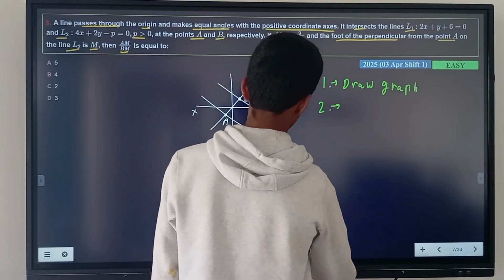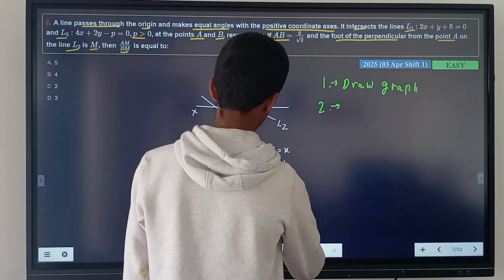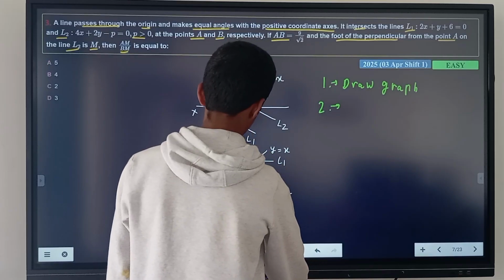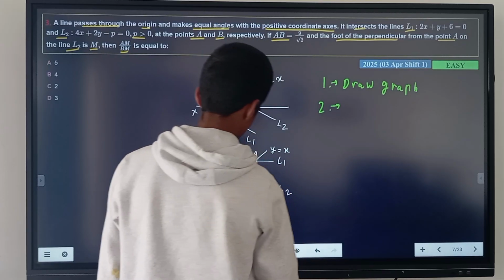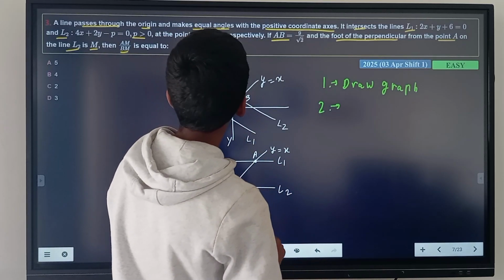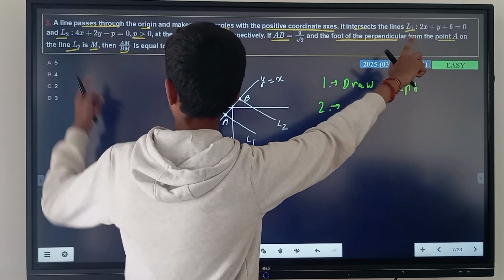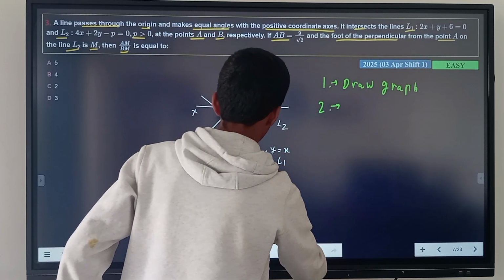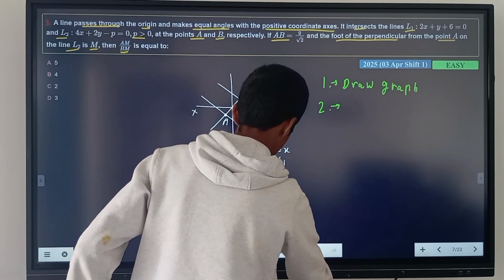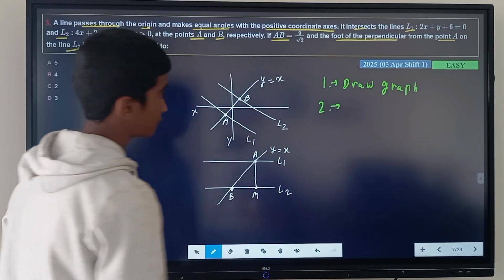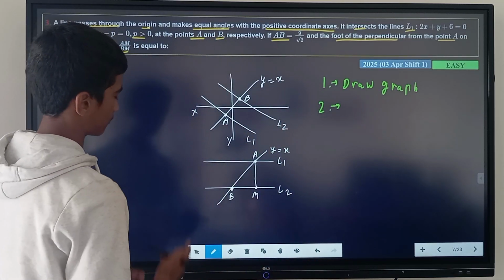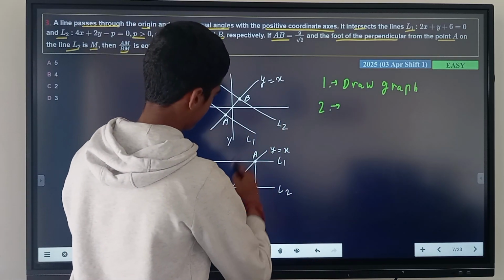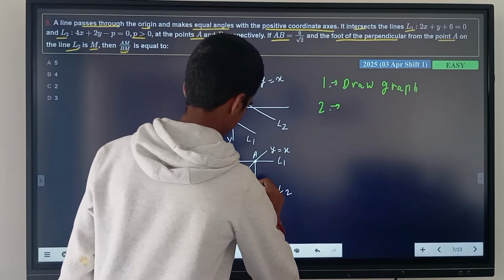And here we have L1, here we have L2. This is A, this is B. And the foot of perpendicular from point A is M. I made this graph only to represent the triangle ABM.